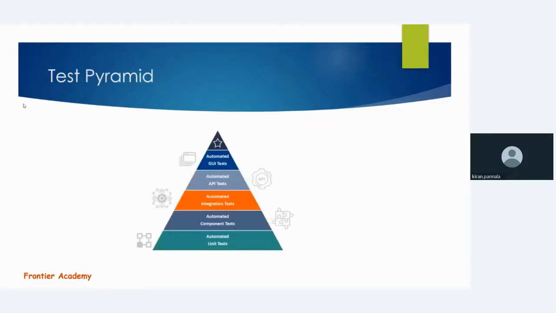So this is a test pyramid. You might have seen this earlier. These are different types of automated tests. We have unit tests written by the developers, component tests written by a combination of developers and testers, and then integration tests, and then automated API tests, which are the functional tests.